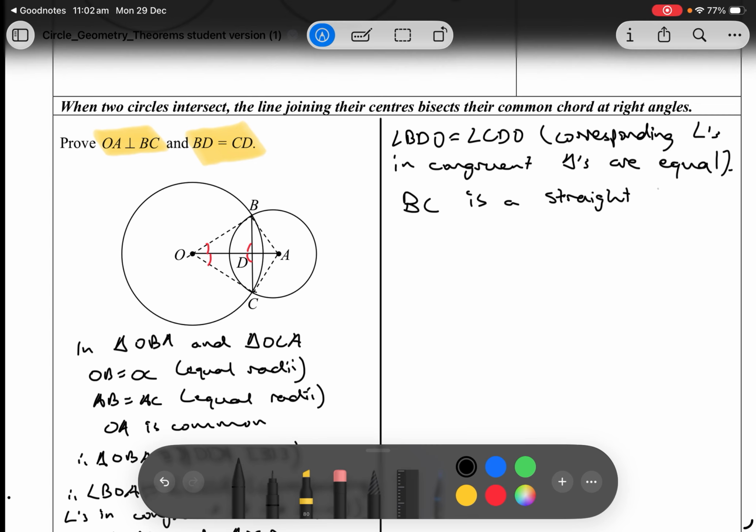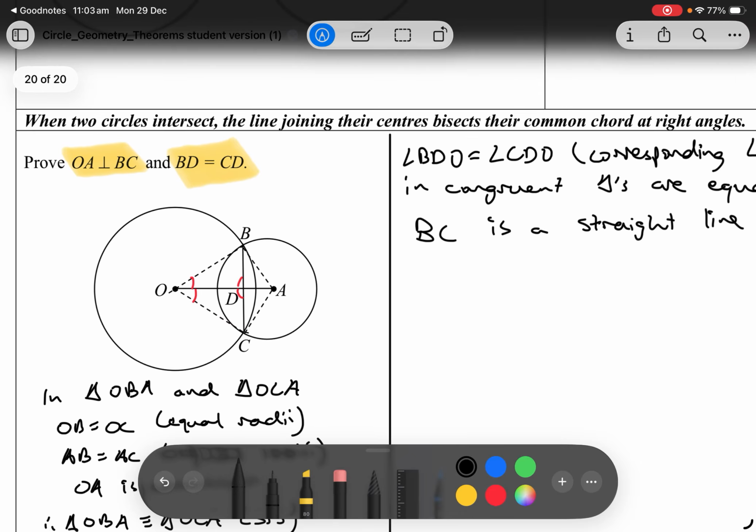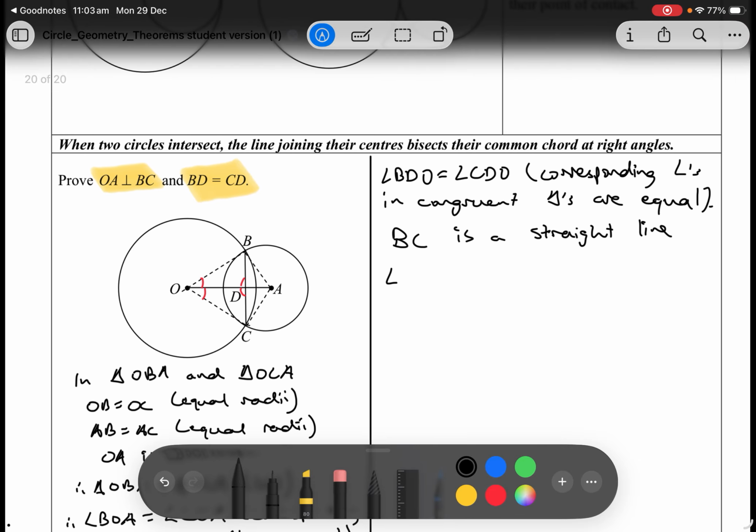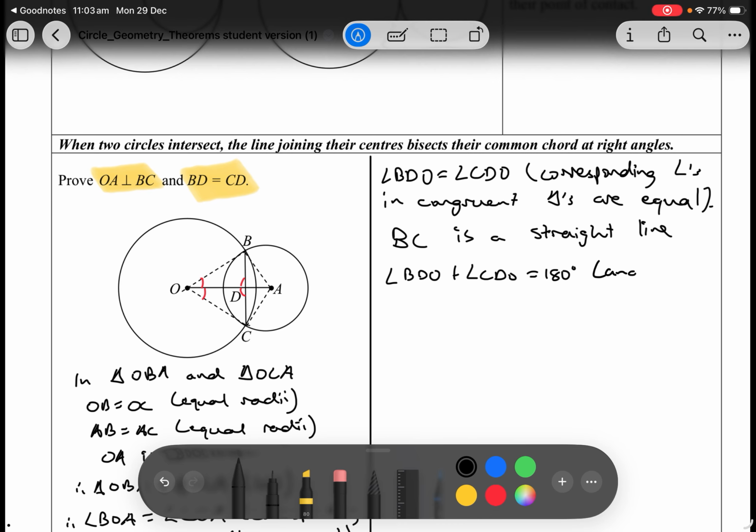Now, because it's a straight line, the angles on it have to add up to 180 degrees. Now, if those two are exactly the same, then each of them must be 90. Now, I'm just going to rewrite that. So angle BDO added with angle CDO equals 180 degrees, because the angle sum on a straight line is 180 degrees.